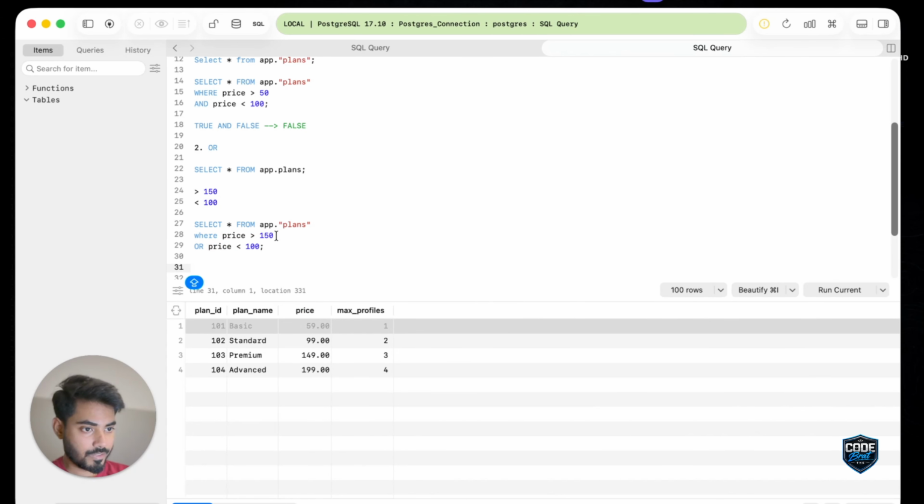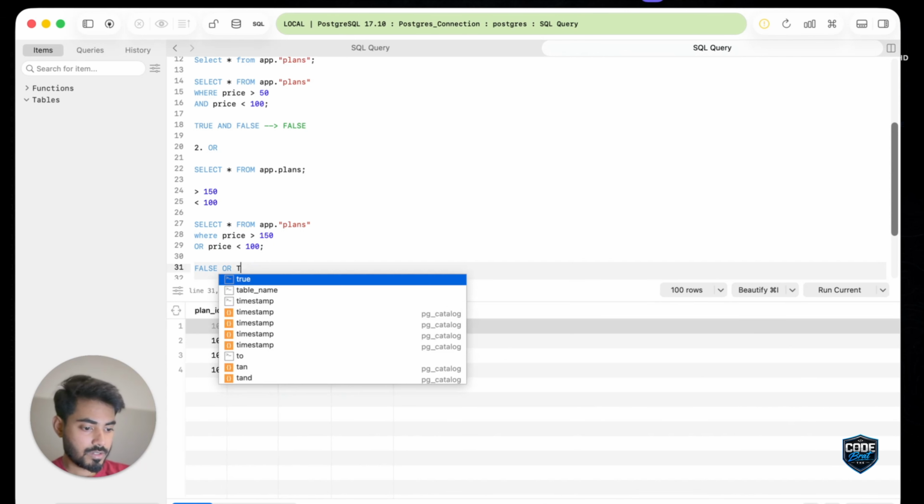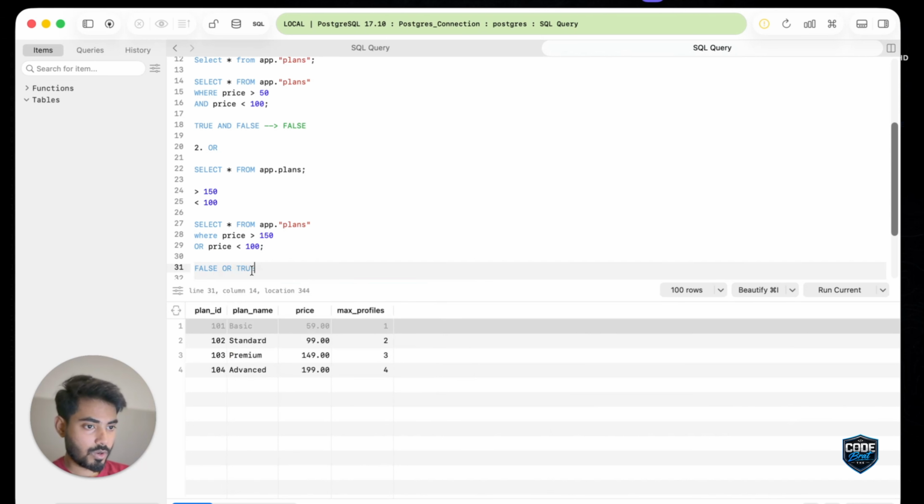The first condition was false, but the second condition was true. False or true will always be true. Why? Because either of these conditions must be true in case of or. So if this condition is true, then the final will be true. If this condition is true, then also the final will be true.